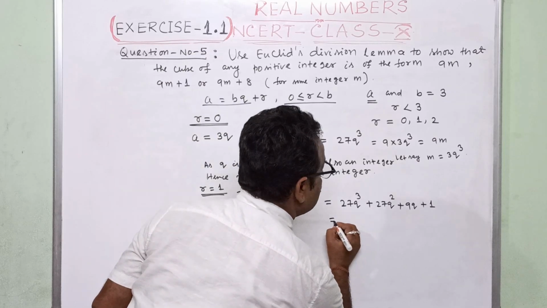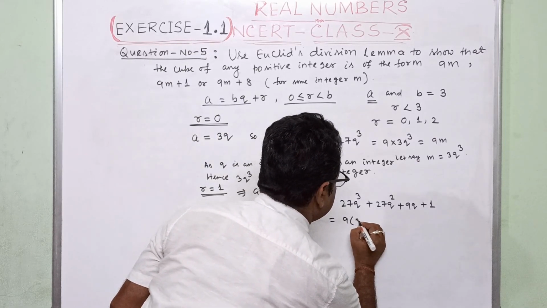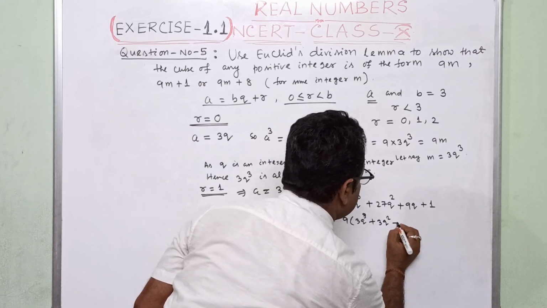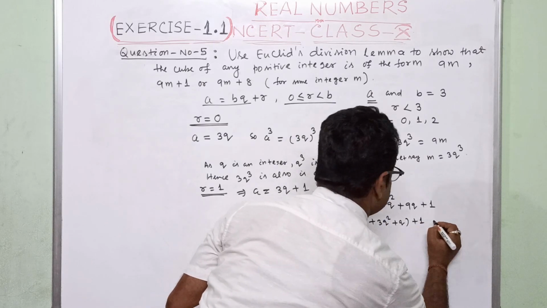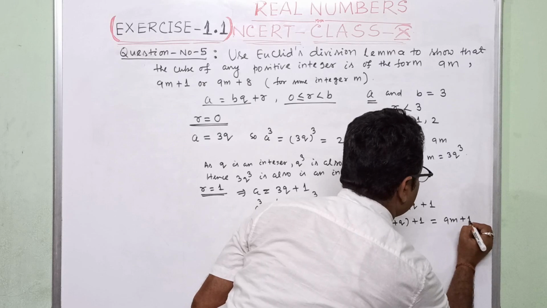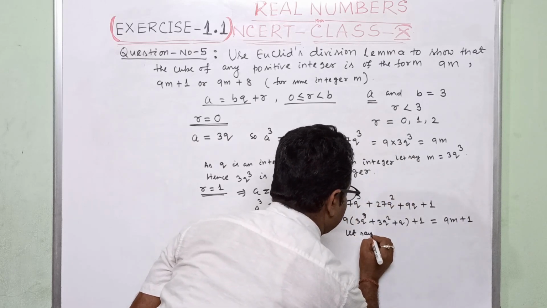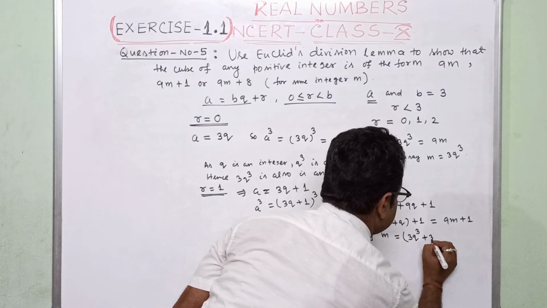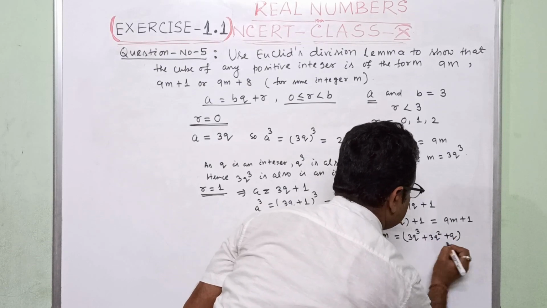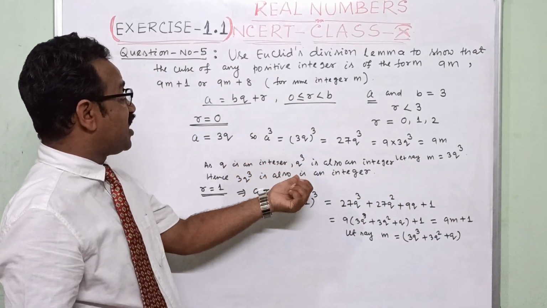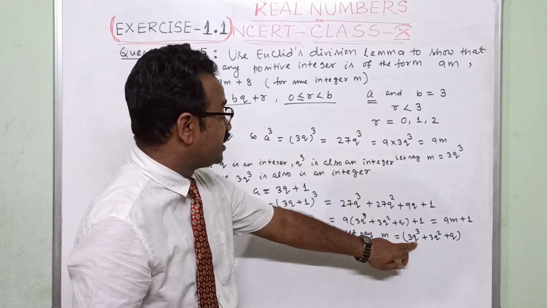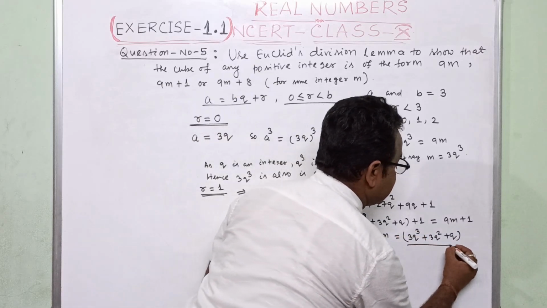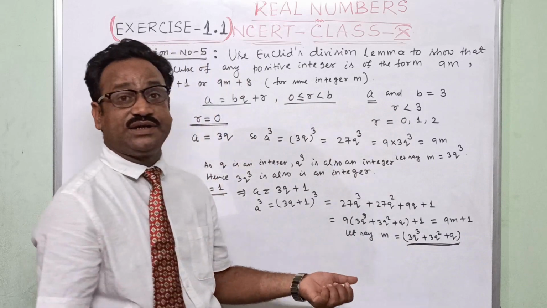Now taking 9 common, 9 times (3q cube plus 3q square plus q) plus 1, which is equal to 9m plus 1. Let m be equal to 3q cube plus 3q square plus q. Similarly, as q is an integer, this total is an integer.